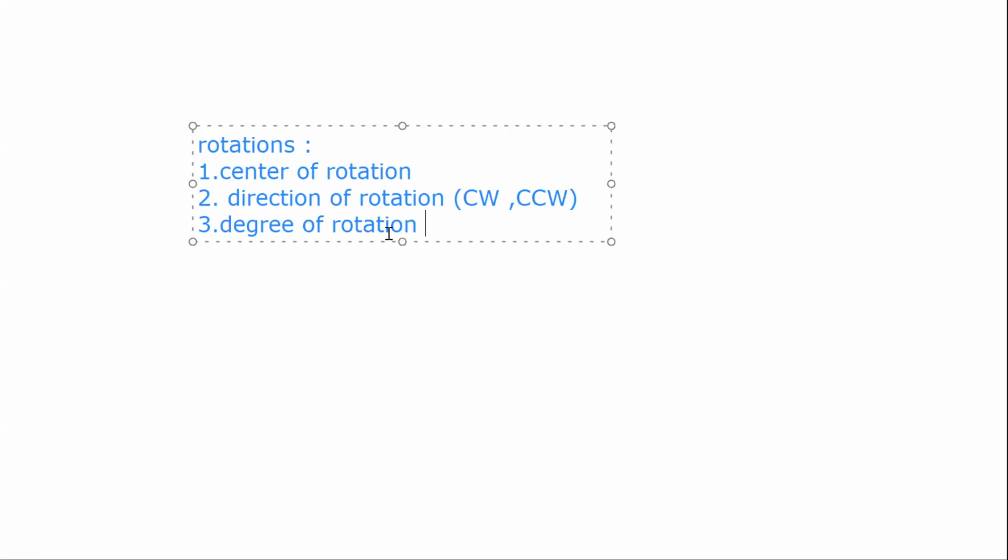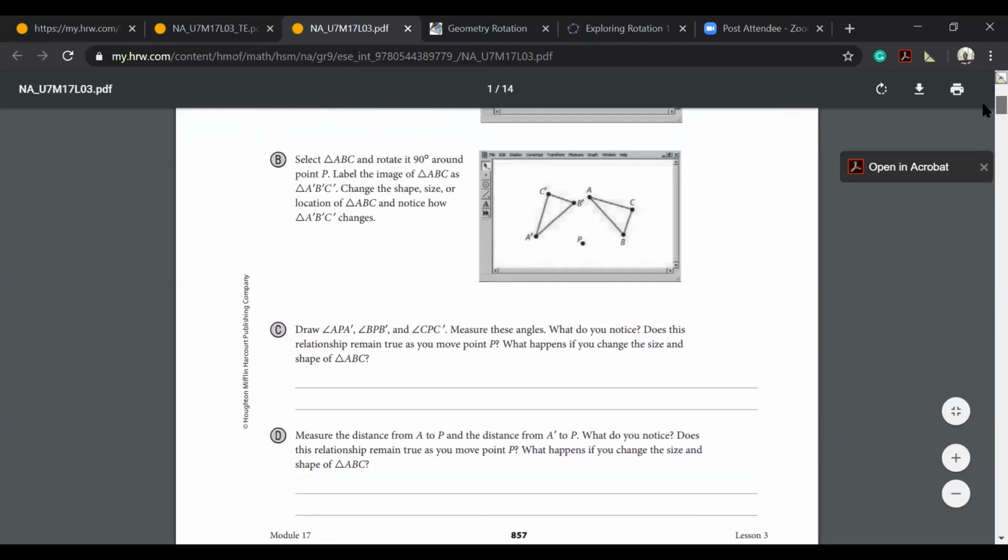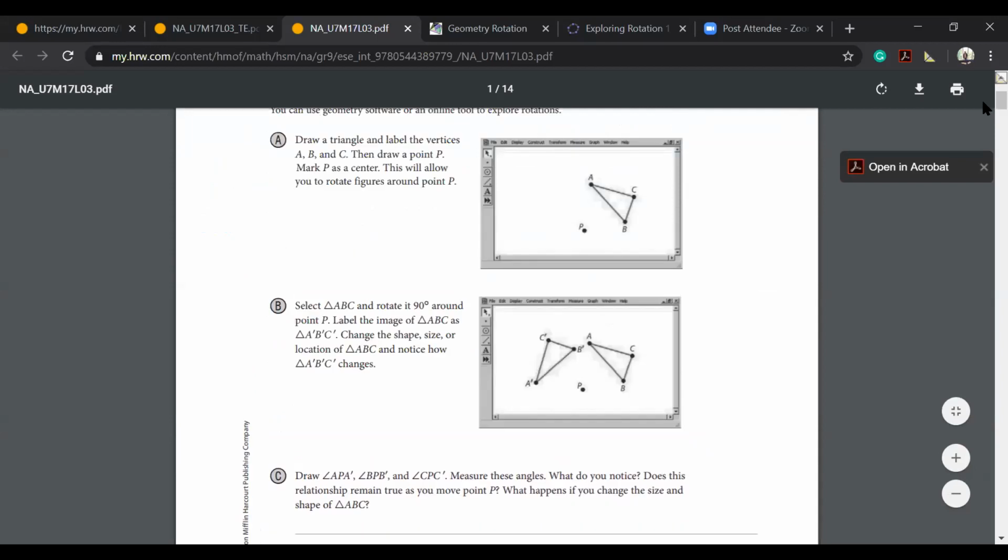Okay, let's go back to our book, page 857. Okay, in number A, it is telling you to draw a triangle. Suppose that we have triangle ABC, and this point P is the center of my rotation.